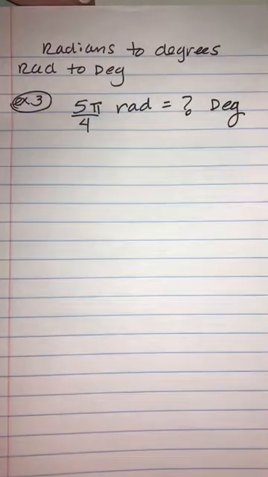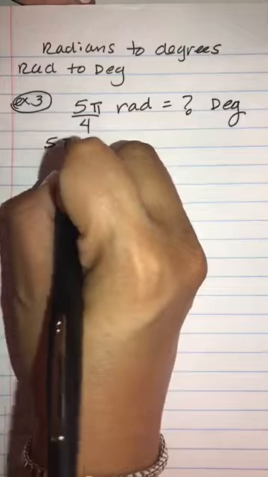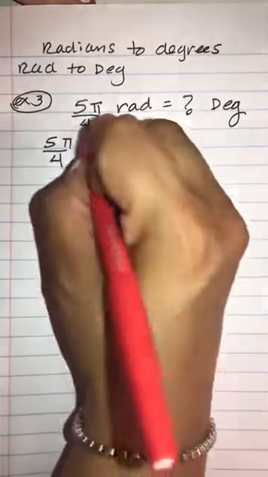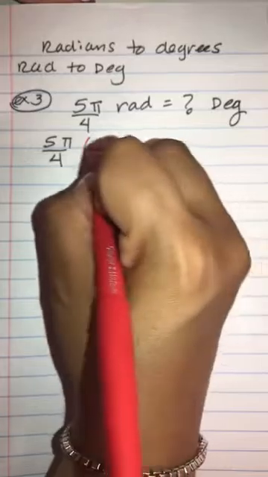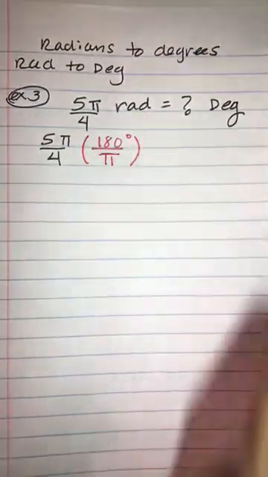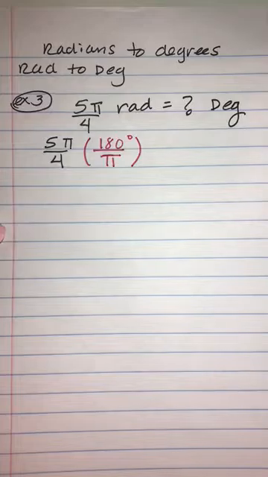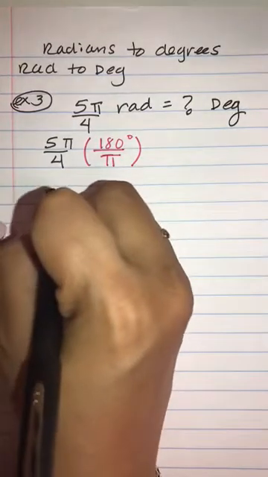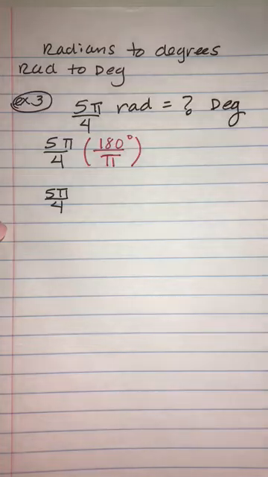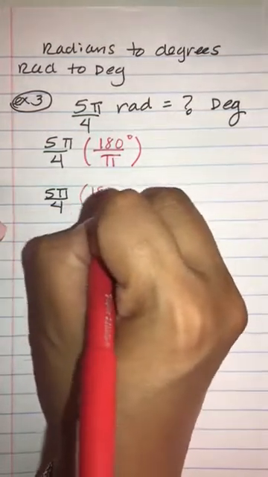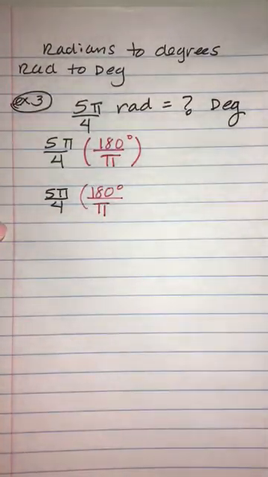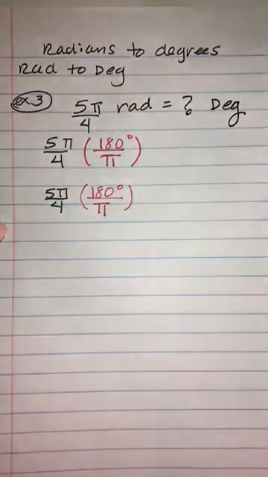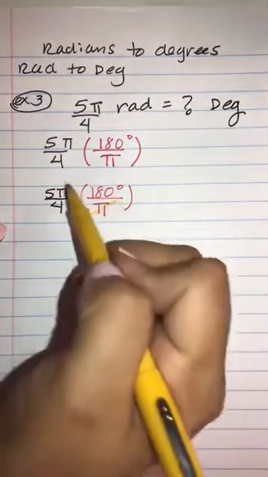So I'm going to multiply 5 pi over 4 by 180 degrees over pi. So as I rewrite this, you're saying 5 pi over 4 times 180 degrees over pi. So what happens with the pi is that the pi is going to cancel out.